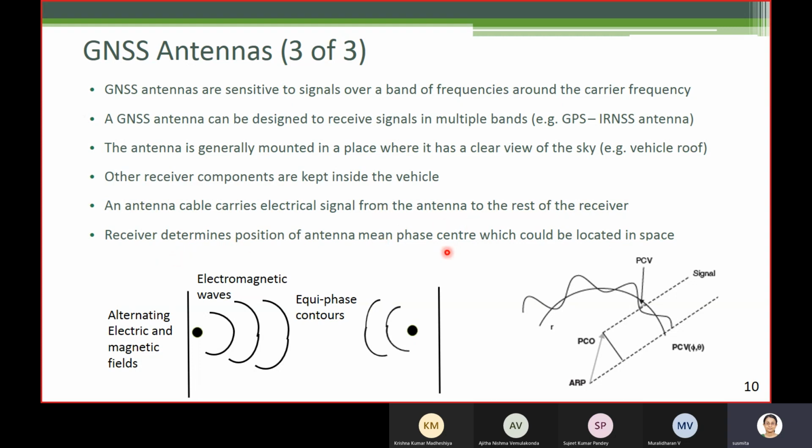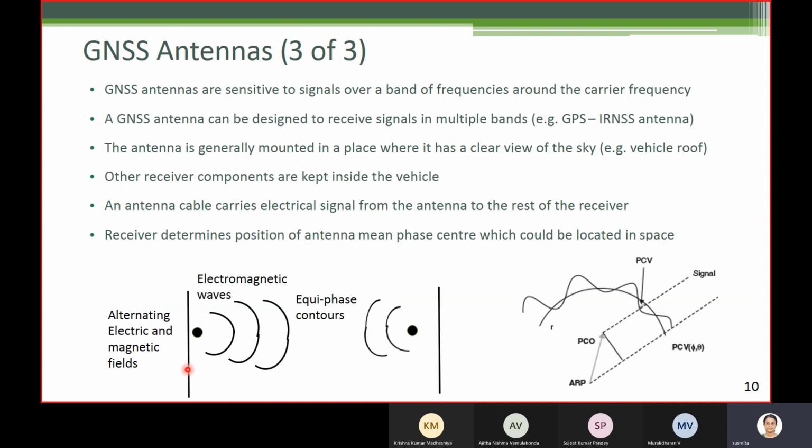To understand what the mean phase center is, we need to go back to antenna operating principles again. So let's assume that we have a transmitting antenna. The antenna produces alternating electric and magnetic fields. So let's say this is the near field of the antenna. Traveling waves are generated, but traveling waves are not synchronized completely. And then from here the far field starts, where the traveling electric and magnetic fields are synchronized.